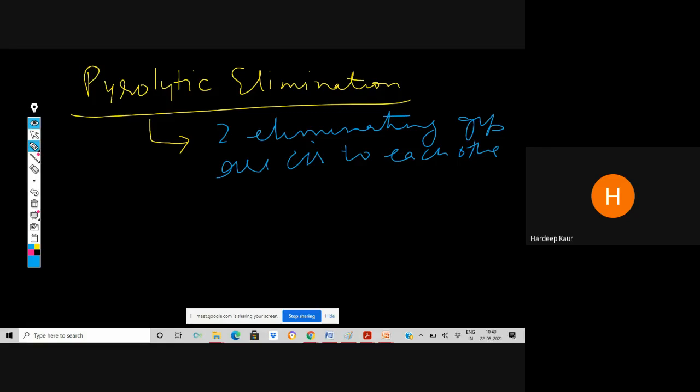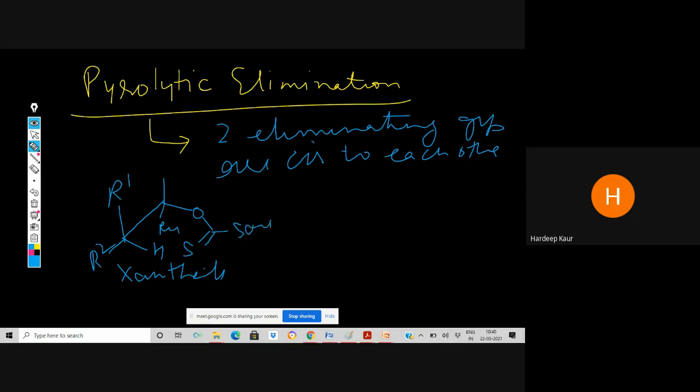So suppose we have, let us take the example of xanthate. So this type of xanthate is there. H R2 R1, and here we have double bond S methyl, and here is R4 R3. ठीक है?